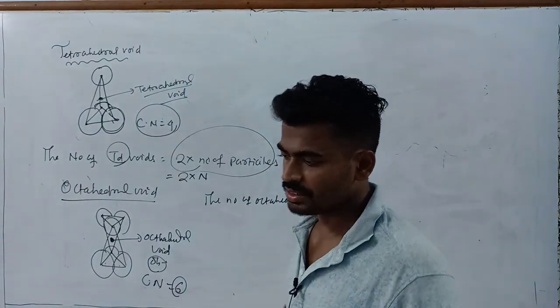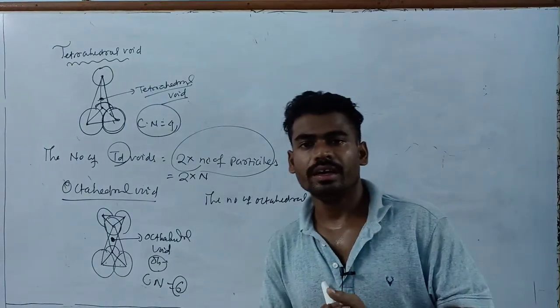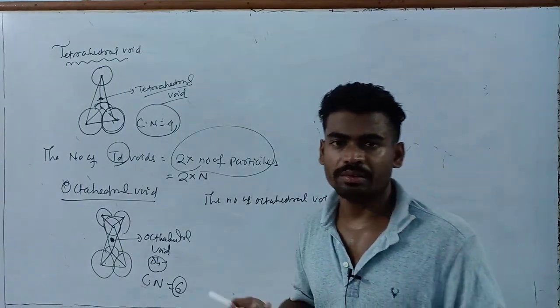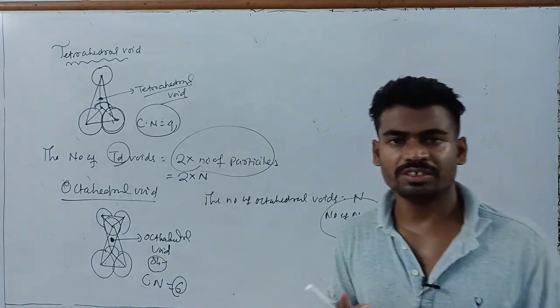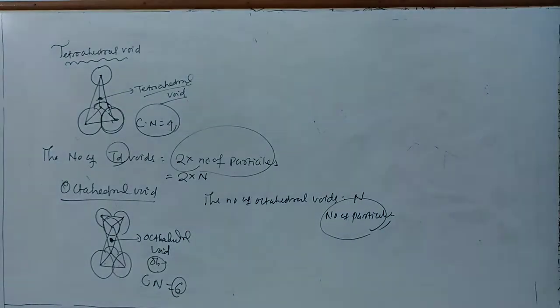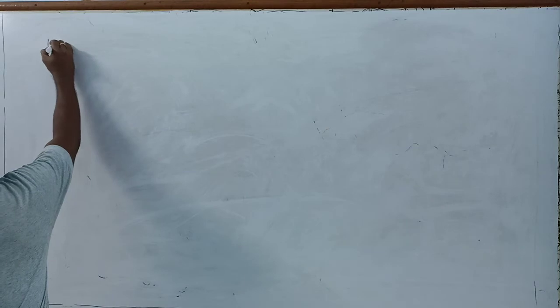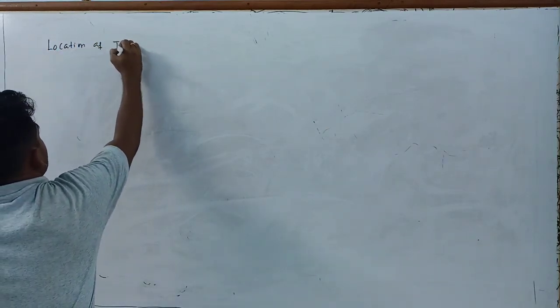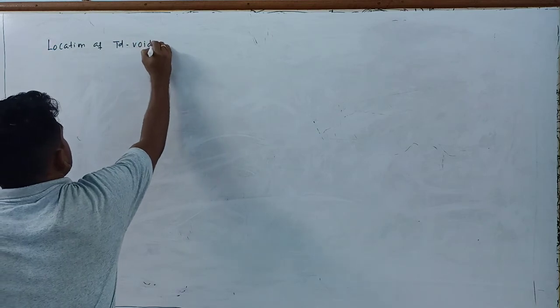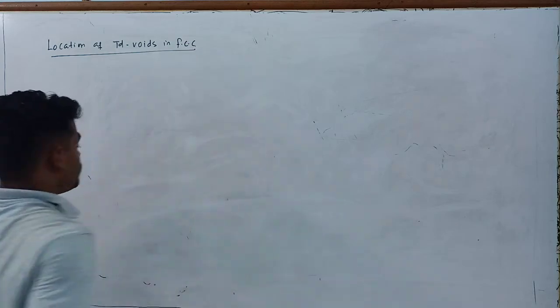Okay, so let us discuss the location of these tetrahedral and octahedral voids, particularly present in FCC. In FCC, that is where the tetrahedral and octahedral voids are present. Let us discuss, very important. That is the location of tetrahedral voids in FCC, face centered cubic.